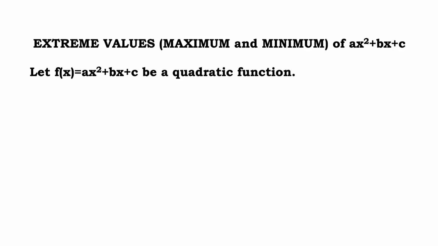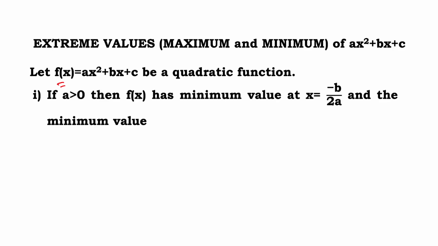But when we have to find the extremum value of ax square plus bx plus c, one of the best examples for this is if y is equal to f(x) in this form, we know that the vertex we can find for a greater than 0 or less than 0, and that will be minus b by 2a, and minus b by 2a, minus D by 4a, you are getting the answer for this, right?